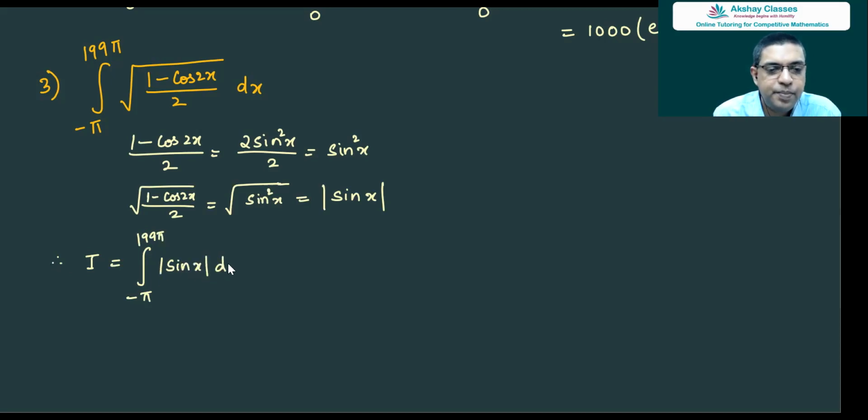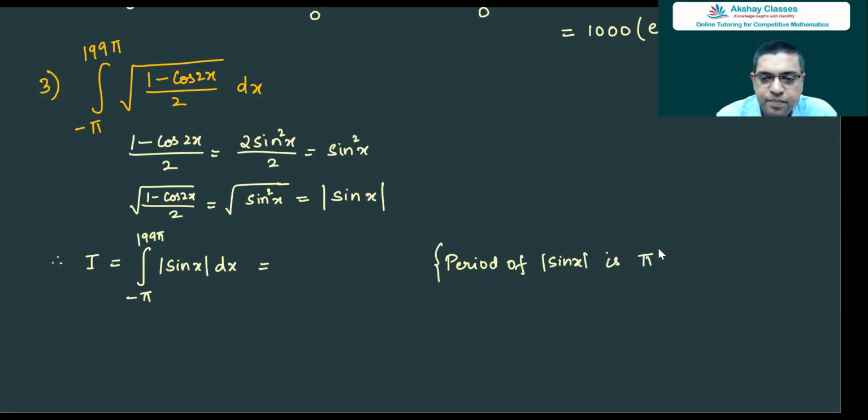What is the period of mod sine x? Pi. So the period of mod sine x is pi. So this is of the form m to n, where m is -1 and n is 199.